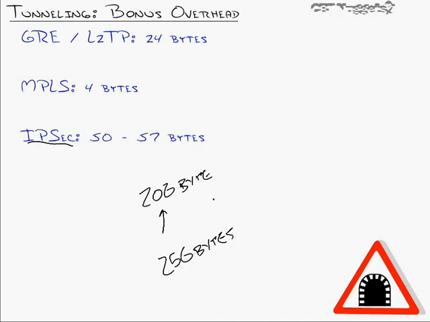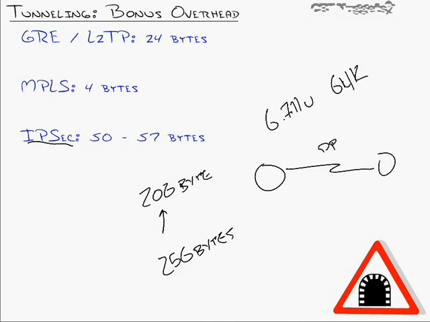So let's run this. Here's our scenario: G.711 ULAW, which is our 64 kilobits per second, over a PPP VPN WAN link. Well, why would we be running a VPN over a PPP WAN link? We'll go with it, right? Let's say we're so security conscious that I don't even trust my dedicated T1 service provider.